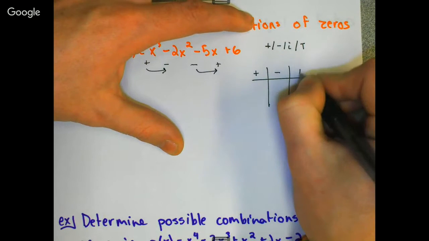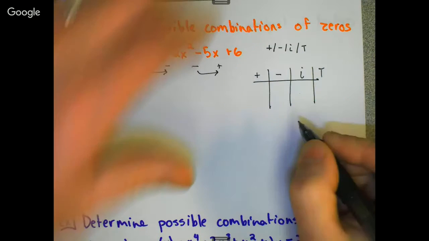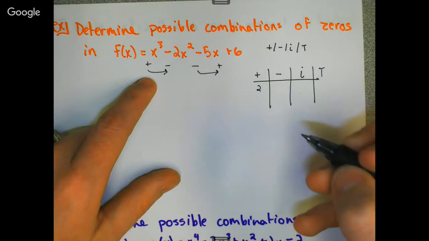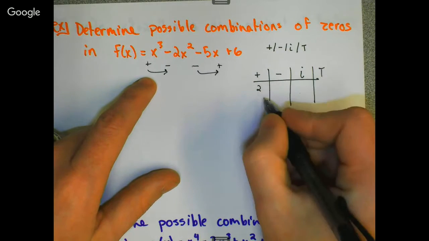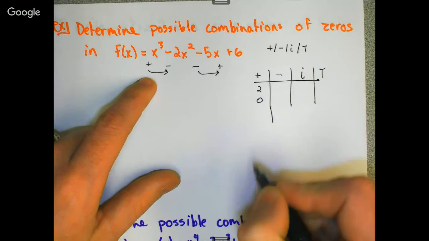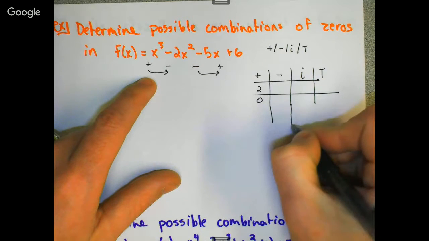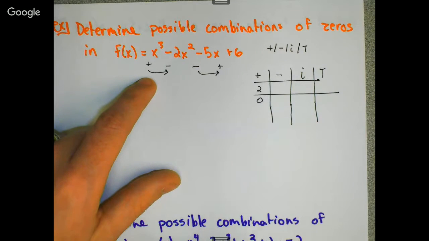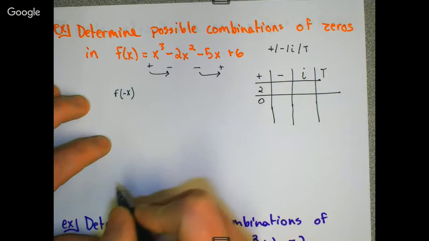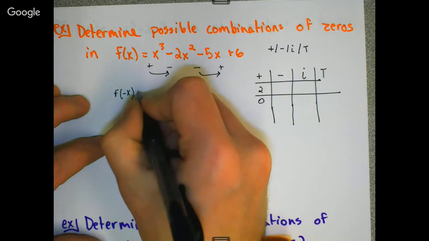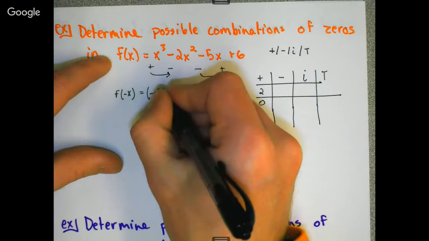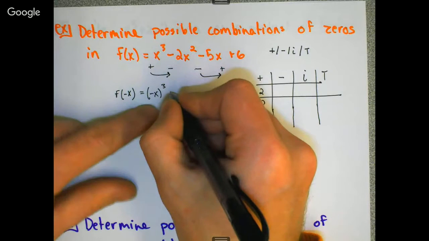So that's 2. But remember, I can have fewer by an even number. So I can either have 2 or 0. If we look at negative zeros, we look at f of negative x. So I plug it in.